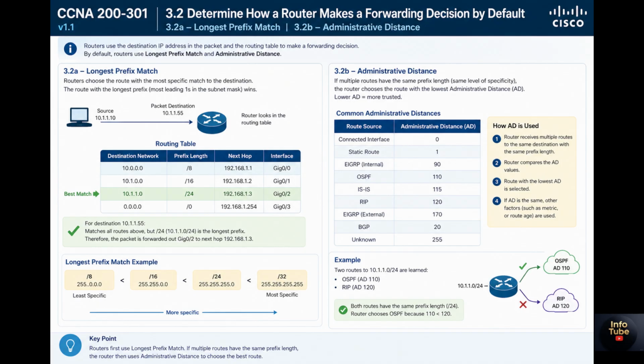The router looks at who gave it the information. If a human manually typed it in, a static route, the AD is 1. If the OSPF protocol found it, the AD is 110. The router will choose the path with the lowest AD because it trusts that source more. It's like asking for directions and getting one answer from a local resident and another from a tourist. You're going to trust the local more.